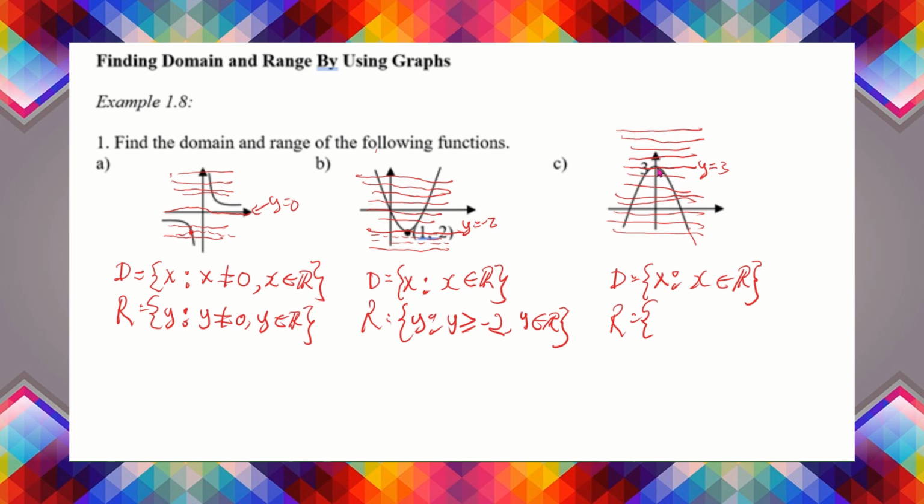So for this function the range is y less than or equal to 3, included 3, because at 3 the horizontal straight line still intersects with the curve, and y is a real number.